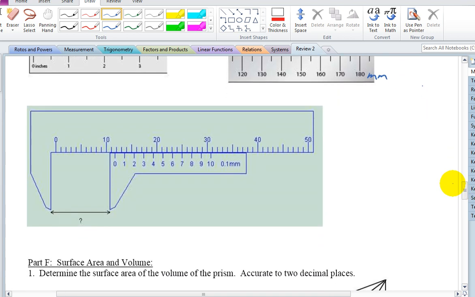Next, vernier calipers. So for this one, we want to measure from 0 line. So this is your main scale. Your main scale measures 11 millimeters. This is your vernier scale.